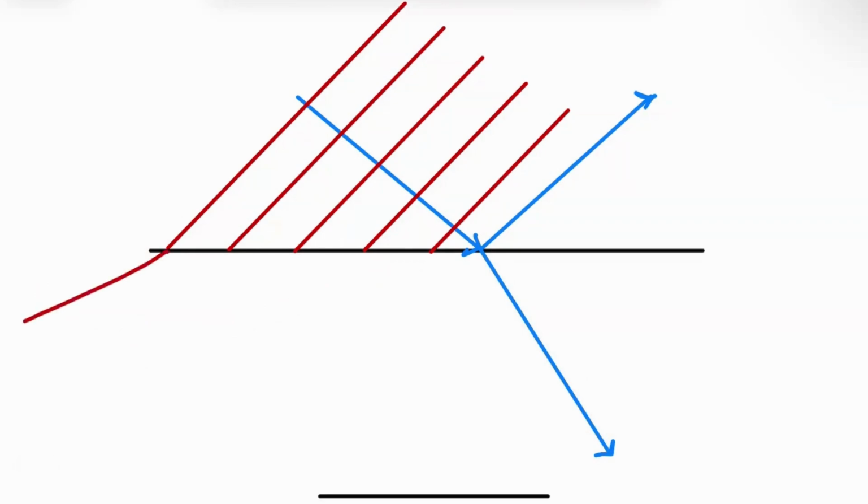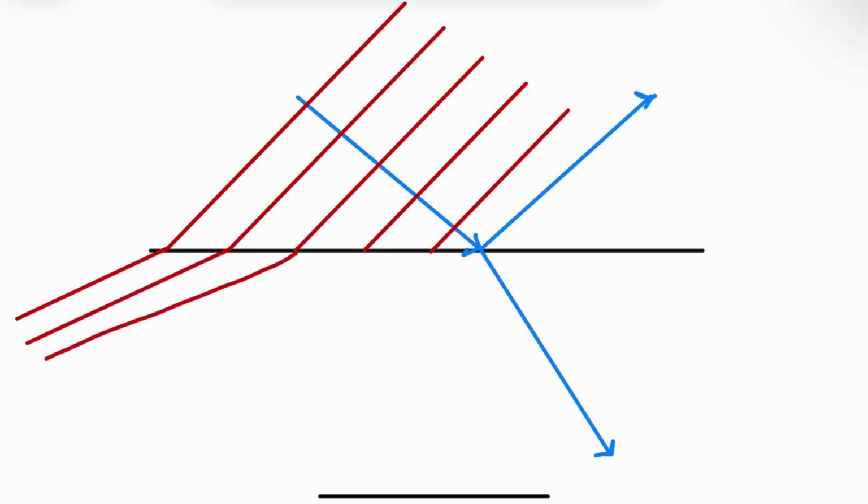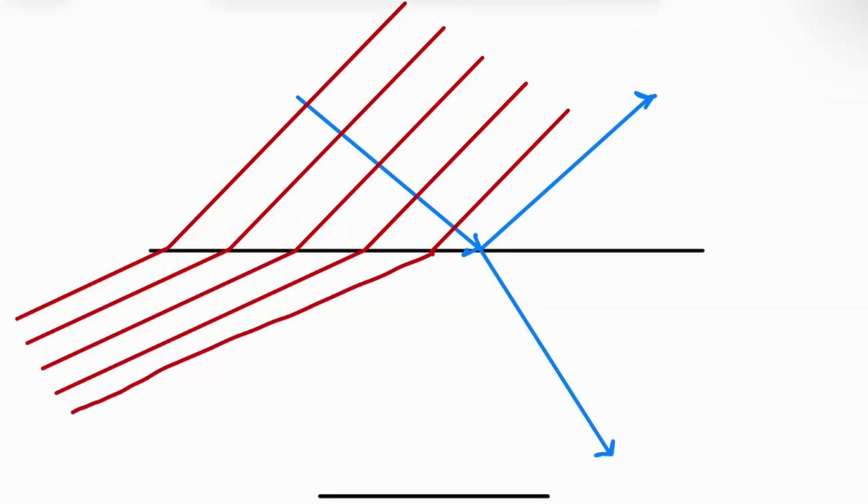I'll draw it out just to clarify that. Now you see that the wavefronts are closer to each other, which means the wavelength is smaller, but still all the peaks are lined up. Now for the reflected wave, that doesn't have to be the case. The reflected wave wavefronts would be lined up something like this.